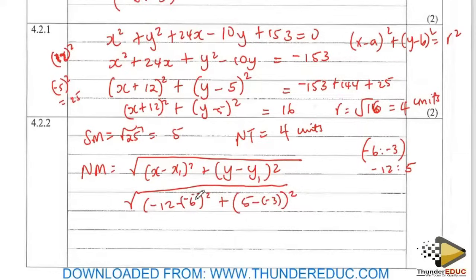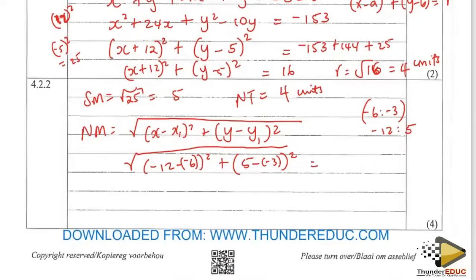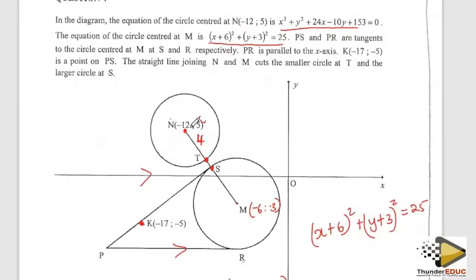Can put this in brackets, please. Then when I punch that into my calculator, I'm getting the square root of 36 plus 64, and then that is giving me 10. Okay. So that 10 is representing the total distance from N to M.